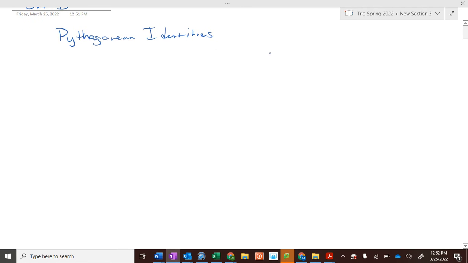What's the first one? Sine squared of x plus cosine squared of x equals 1. What's the second one? Secant squared of x equals tangent squared of x plus 1. What's the third one? Cosecant squared of x equals cotangent squared of x plus 1. Okay, those are our 3 Pythagorean identities.